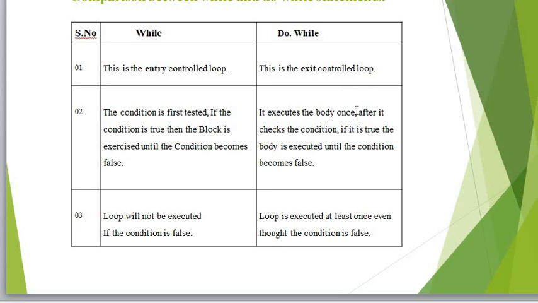In an exit controlled loop, even though the condition is false, the body of the loop will be executed one time, then the condition will be tested. Loop will not be executed if the condition is false. Loop is executed at least once, even though the condition is false. This is the difference between an entry controlled loop and the exit controlled loop.